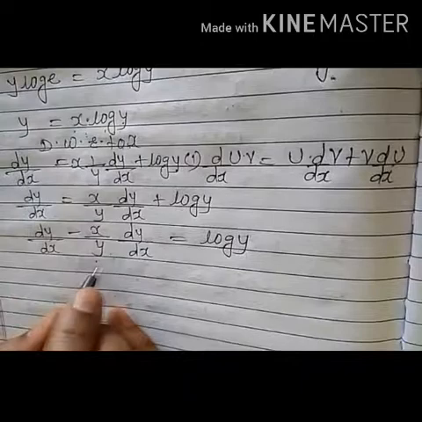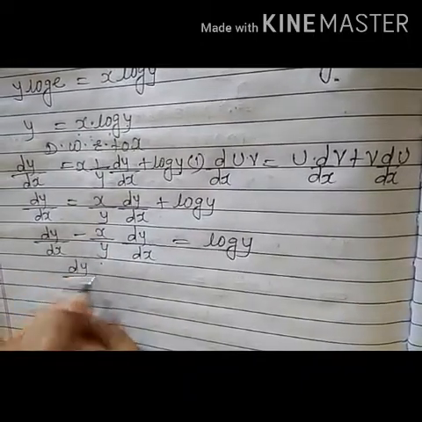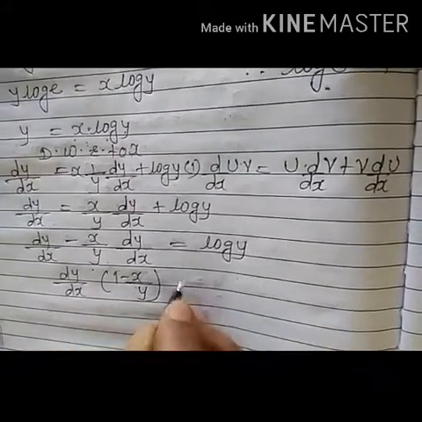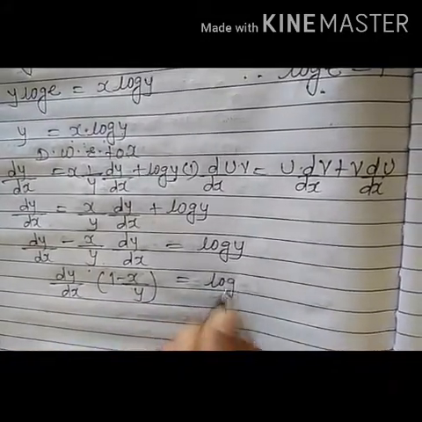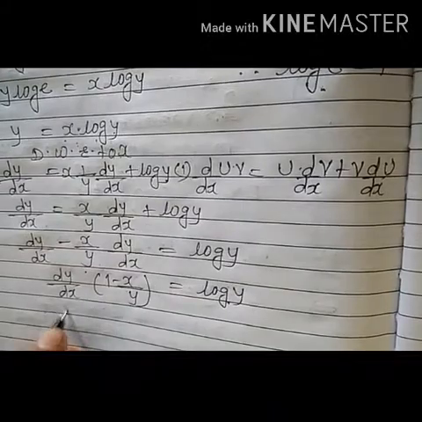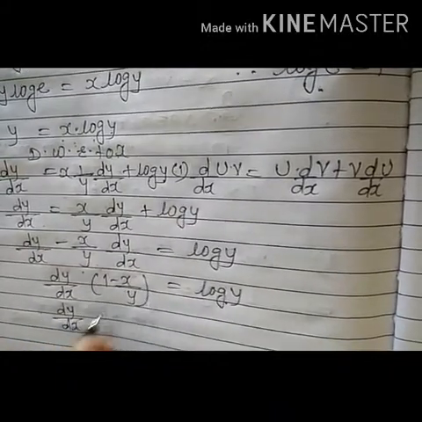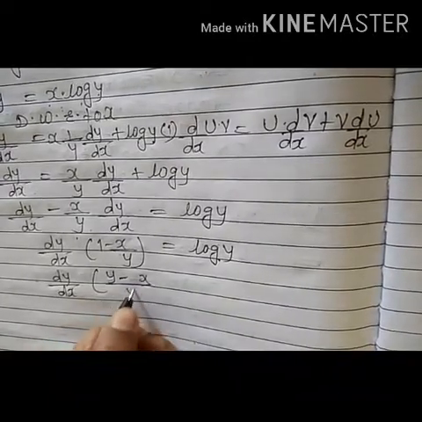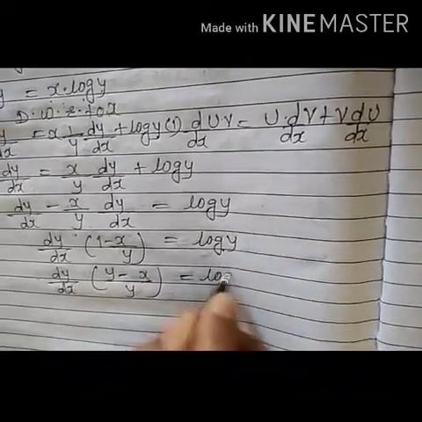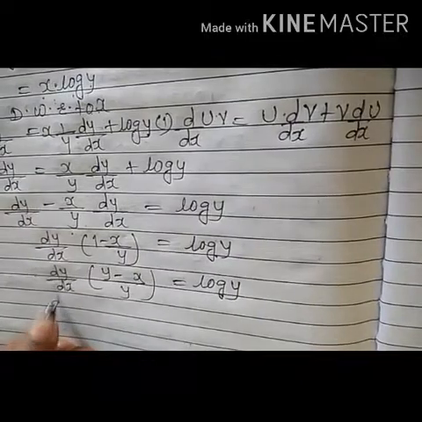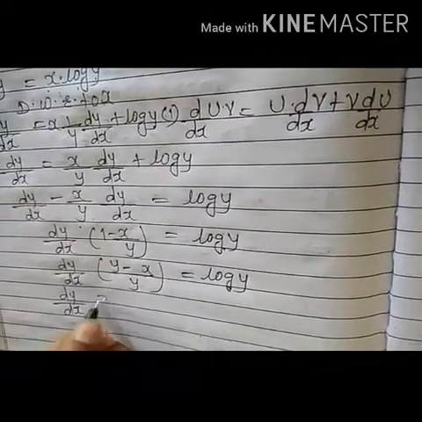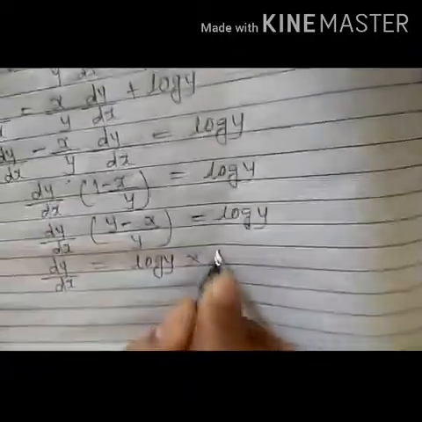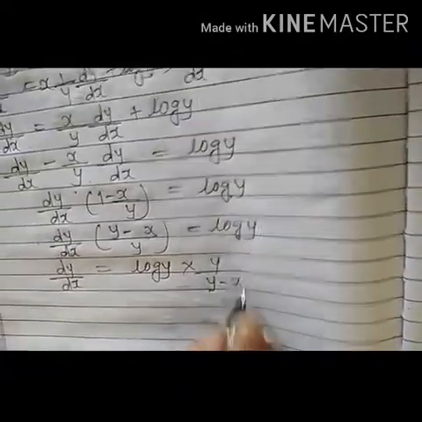Here take the common of dy by dx. 1 minus x by y equal to log y. dy by dx equal to y minus x divided by y times log y. So dy by dx equal to log y into y upon y minus x.